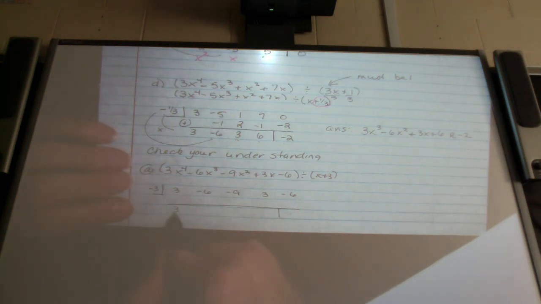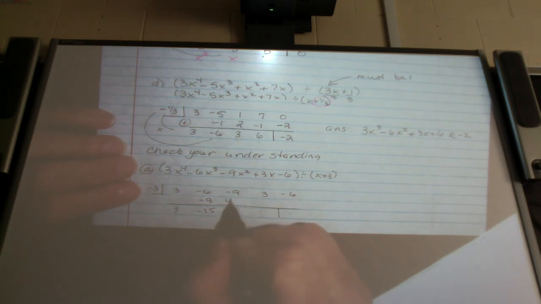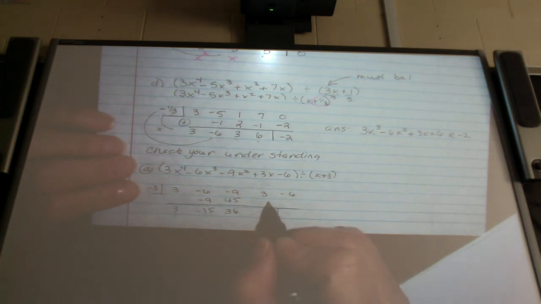Drop the 3. -3 times 3 is -9. Add them up, we get -15. -3 times -15 is 45. Add them up, we get 36. -3 times 36 is -108.